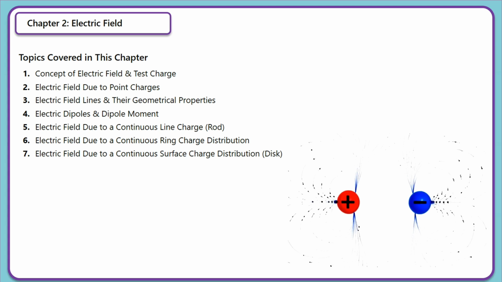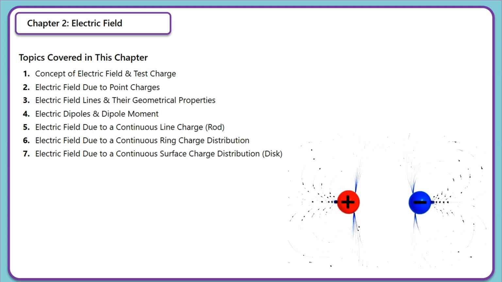Now, in this chapter, we move to one of the most important and fundamental concepts in electromagnetism, the electric field. We will learn what an electric field really means, how charges create electric fields around them, and how to calculate and analyze these fields in different situations.